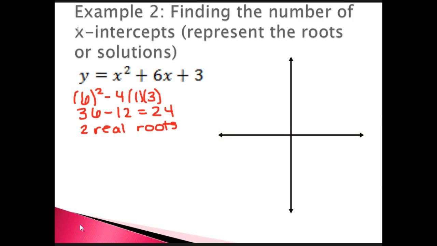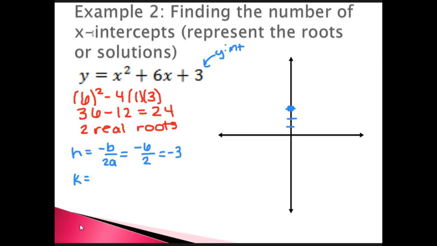So we're just going to go backwards and sort of review how to graph. The 3 represents the y-intercept. So that means I have a point at 0, 3. And then we need to find h and k to find the vertex. H is negative b divided by 2a, or at negative 3.